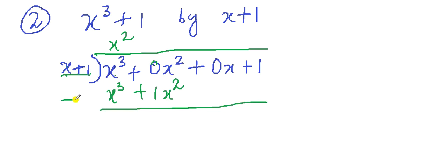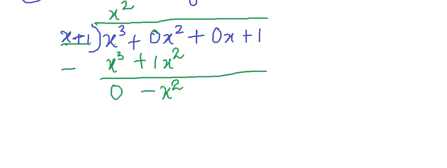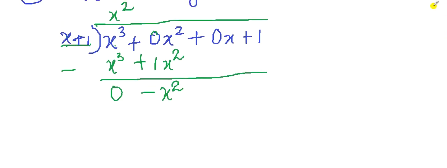Now we follow the subtraction. This gives me 0 and 0 minus 1 is minus x square. Then I will bring down all the remaining terms. You can go on bringing down the remaining terms at every step. Now what should I multiply with x to get minus x square?